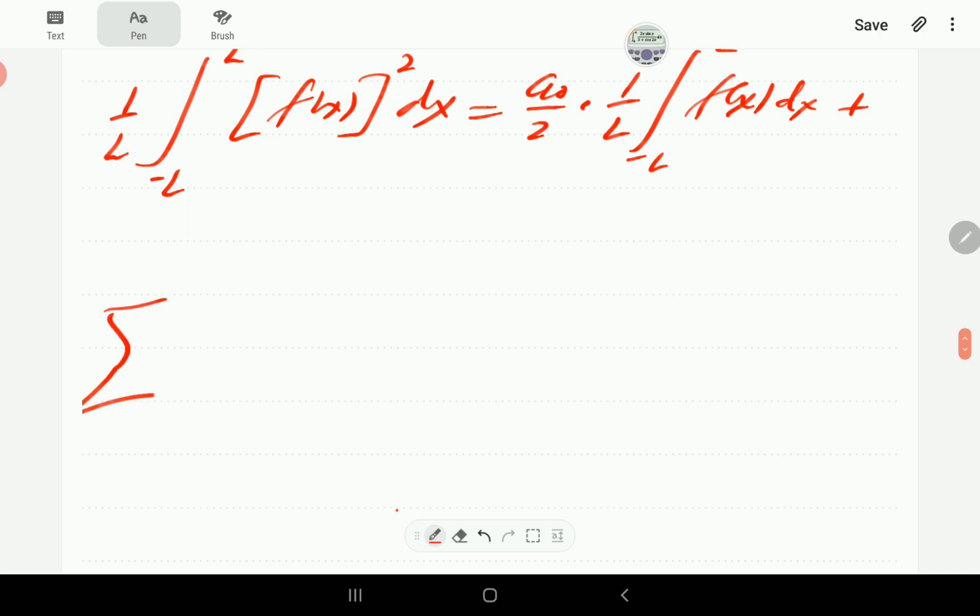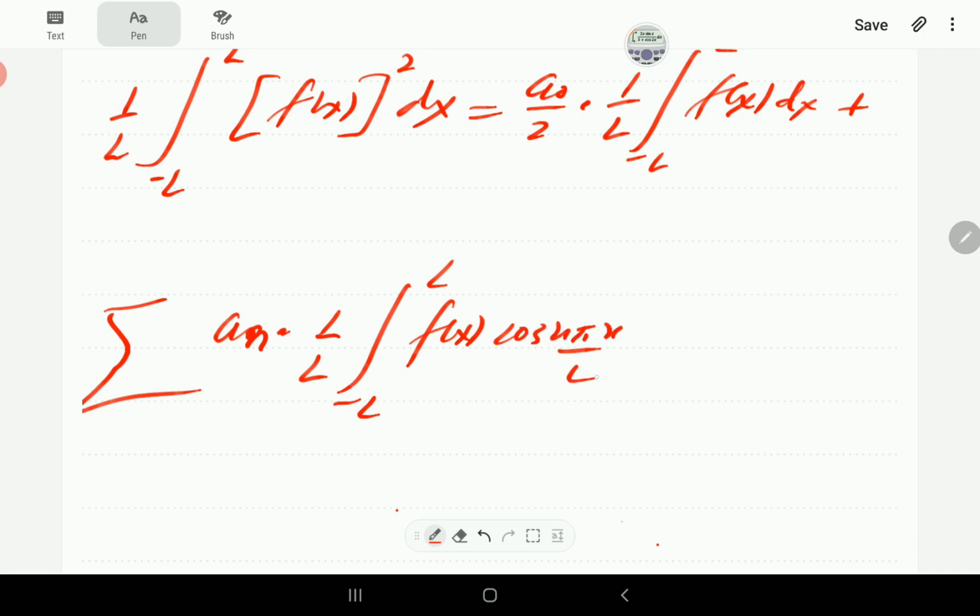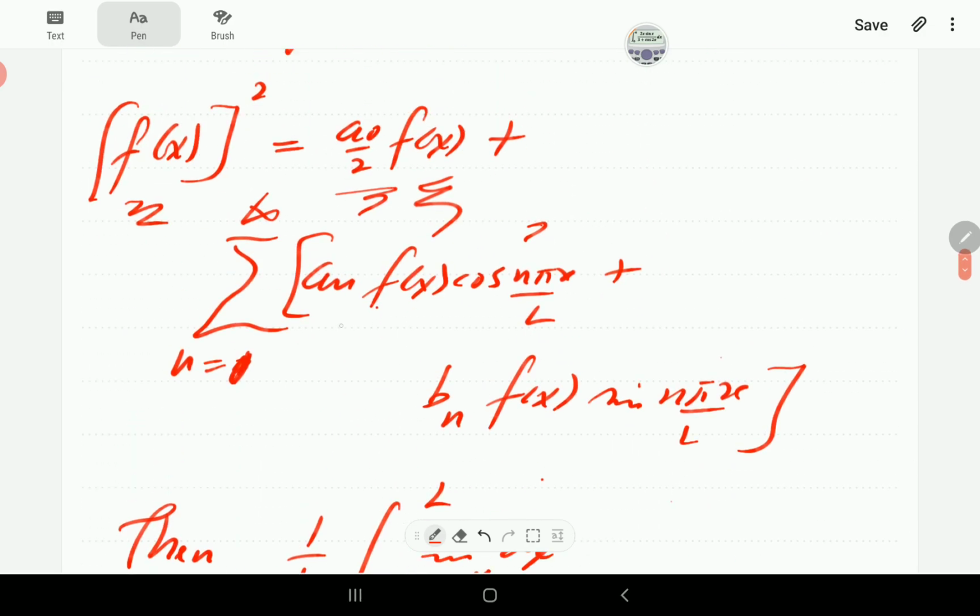So we are going to have the summation of an times 1 over L integral from minus L to L of f of x cosine n pi x over L dx. So that was this term here.